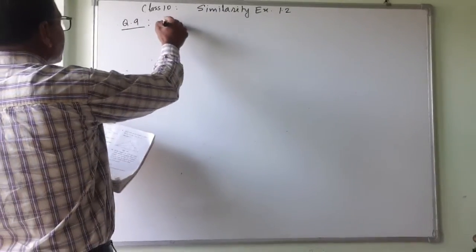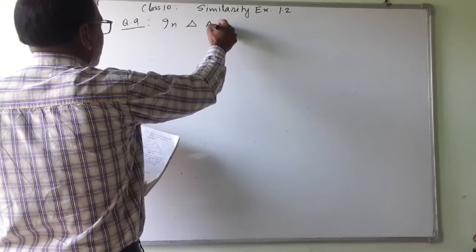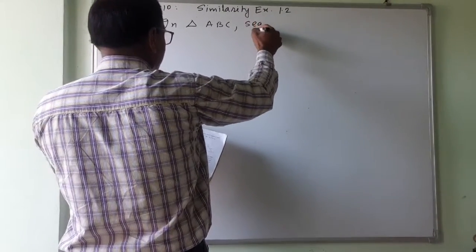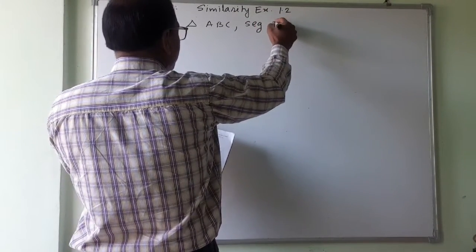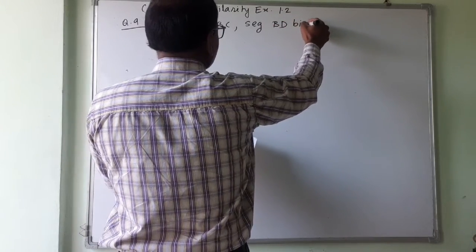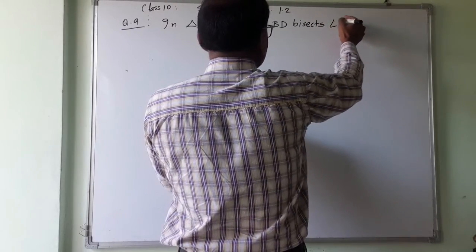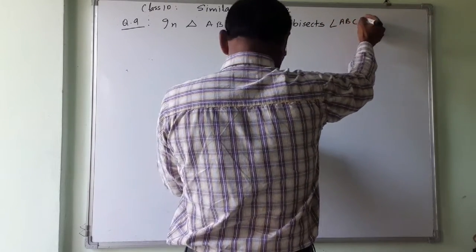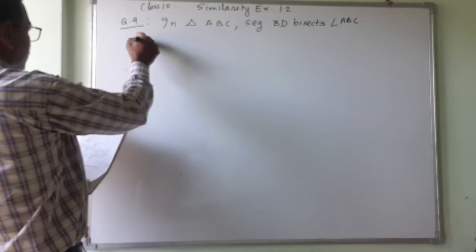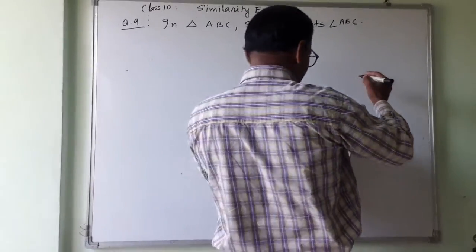In triangle ABC, segment BD bisects angle ABC. AB equal to, the figure I will draw first.